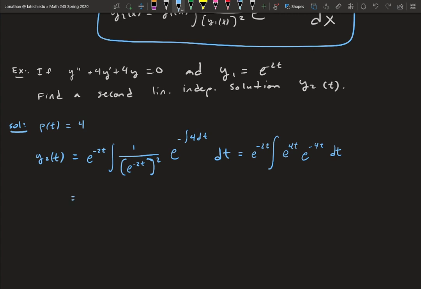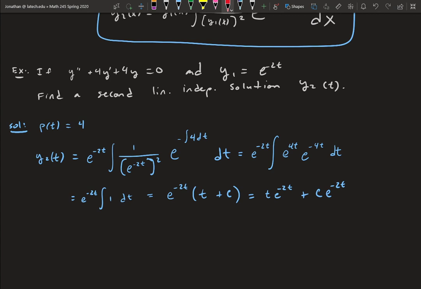That's just going to be e to the negative 2t times the integral of 1 dt, which is e to the negative 2t times t plus a constant, which equals t e to the negative 2t plus a constant times e to the negative 2t.